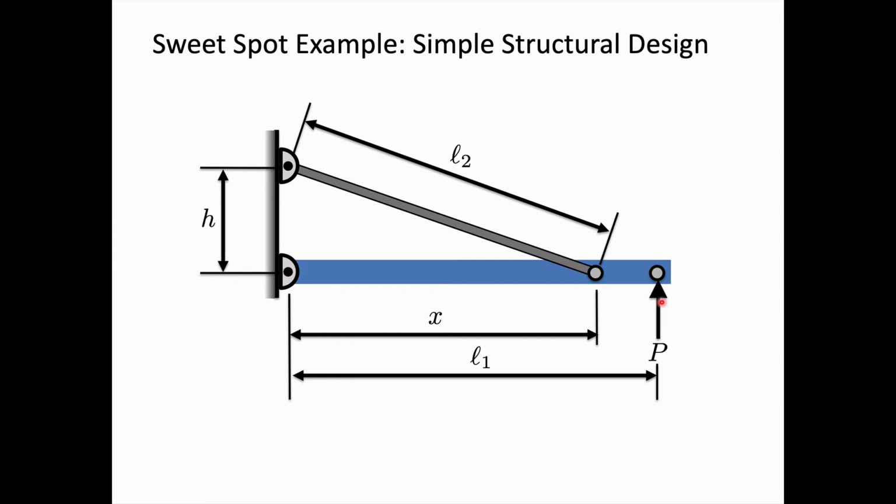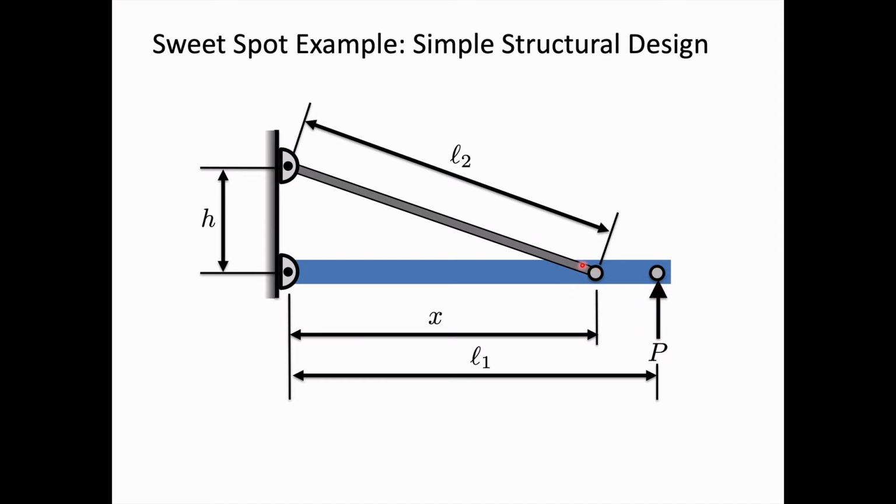And here we are applying a large load at the end of this beam with magnitude P. If we had just this beam and a pin joint over here, and we were pushing with P, it would just rotate. This would be a mechanism.